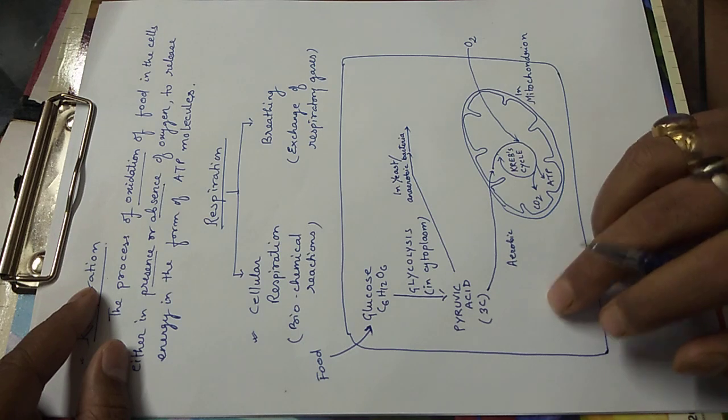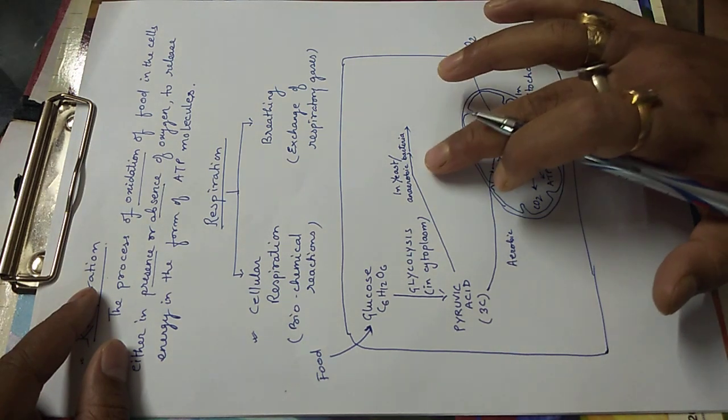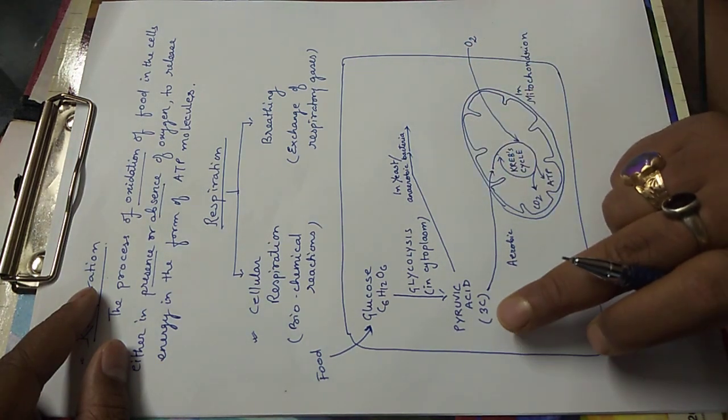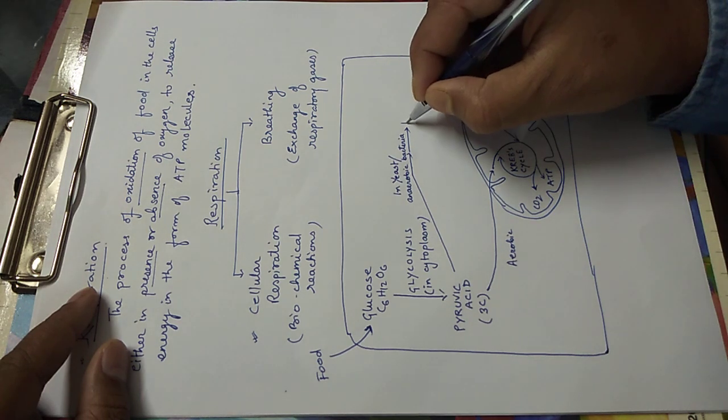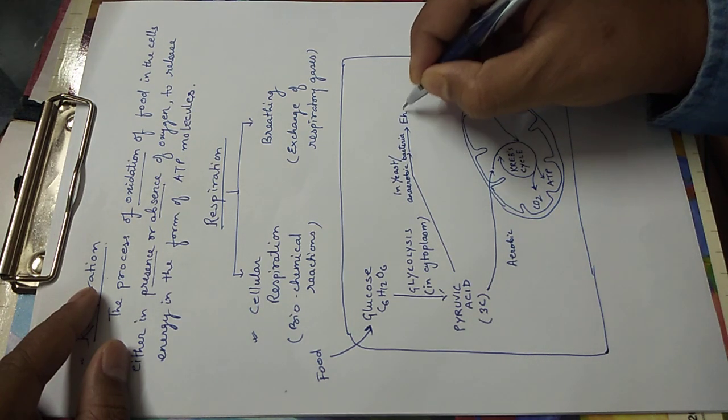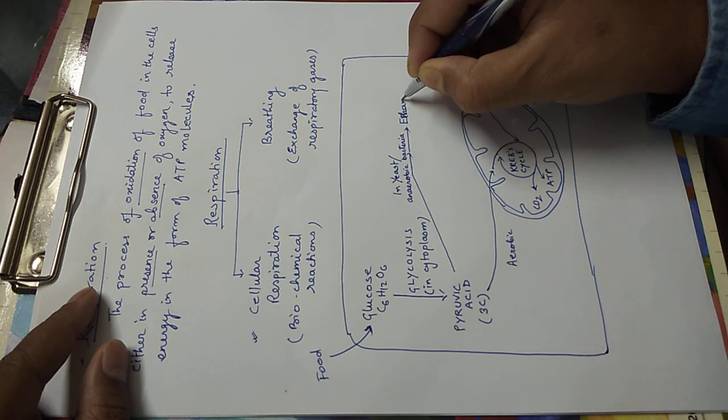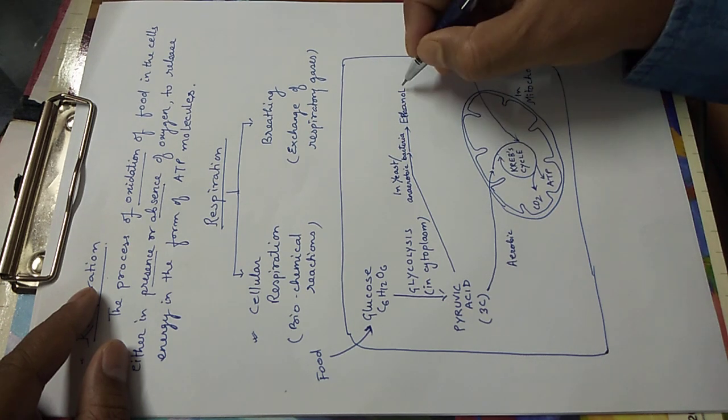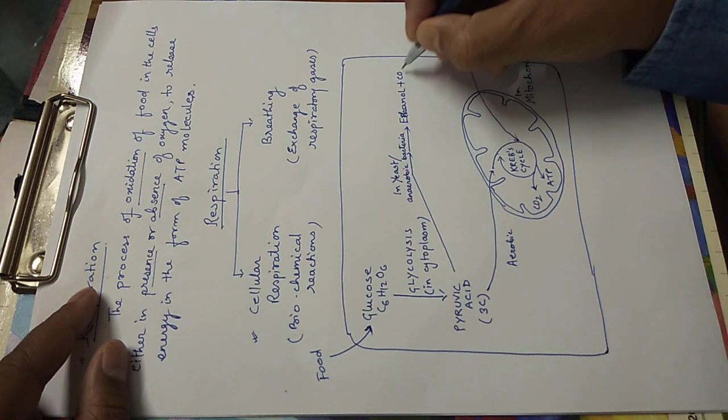What happens in these organisms, your pyruvic acid will get converted into ethanol plus carbon dioxide plus ATP.